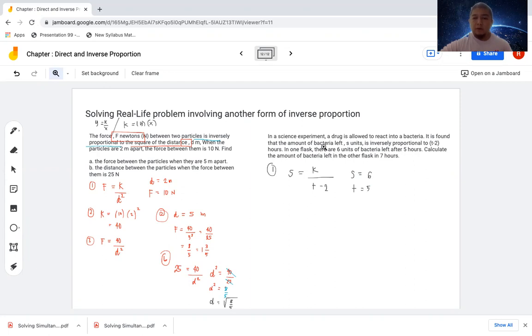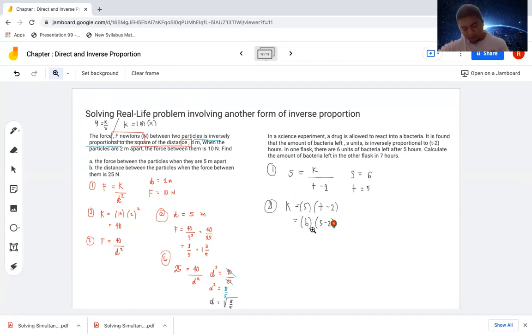And what we are going to look for is the amount of bacteria left in the other flask in 7 hours. So again, solving for the value of K, we can rewrite this as S is equivalent to K over T minus 2, which will give us a calculation of 6 equals K over 5 minus 2.